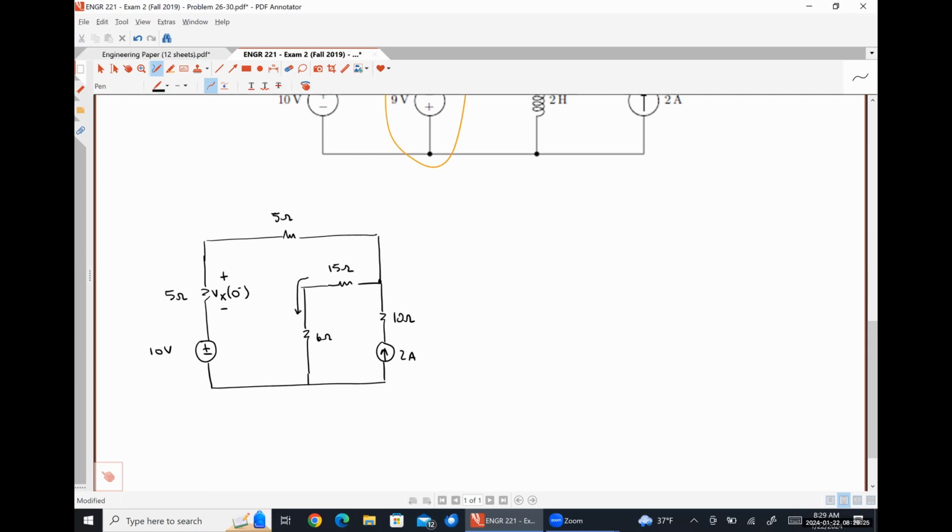And the current flowing down through this path is IL at 0 minus. So how might we go about solving for either of those quantities?